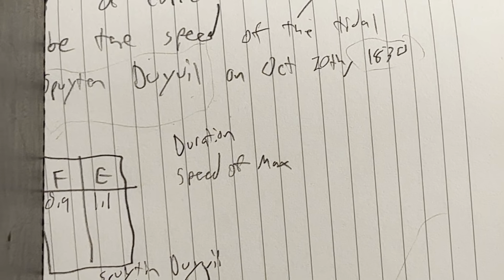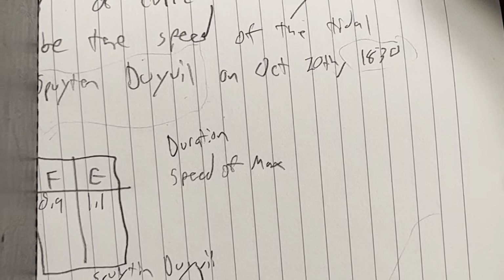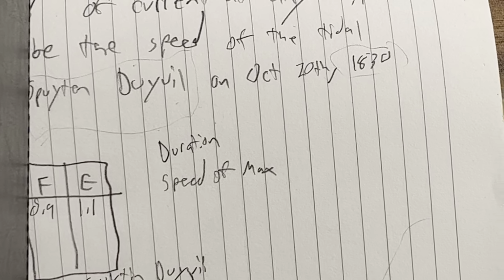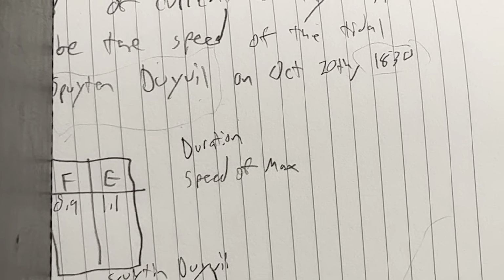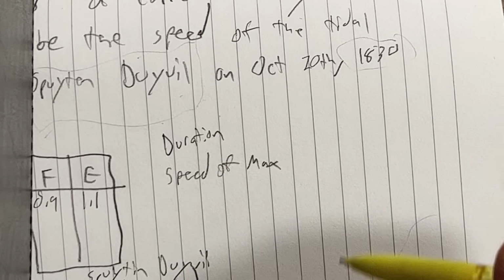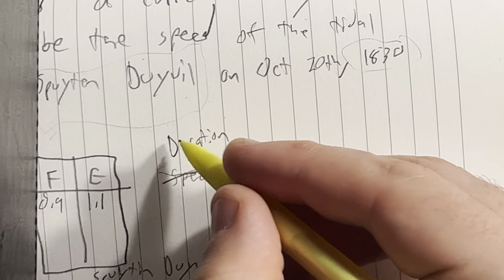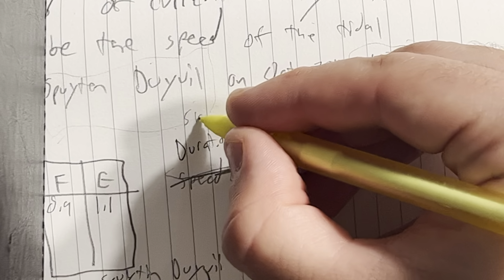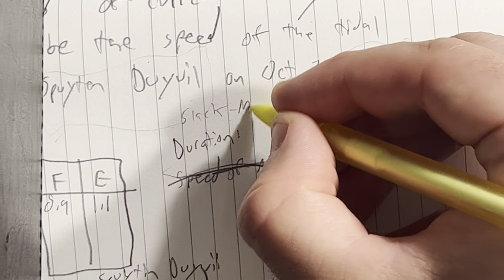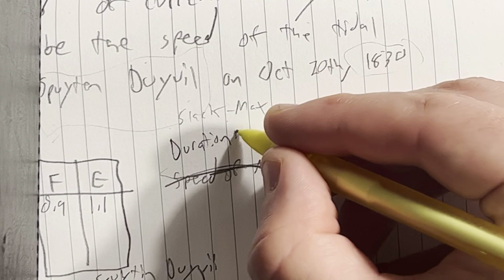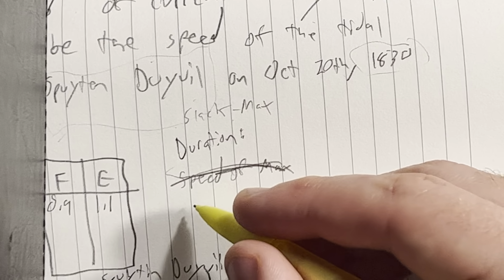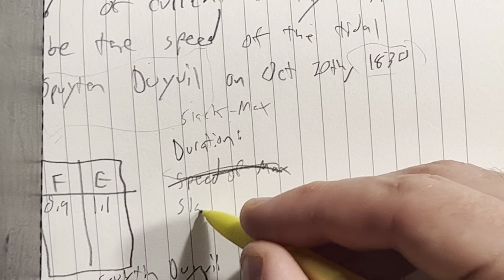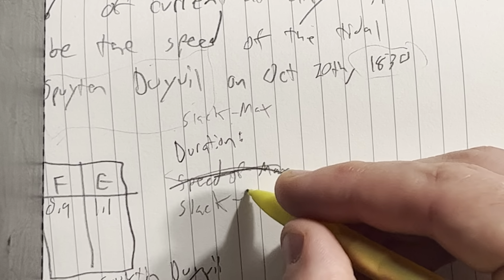So we don't actually need the speed of the maximum current. The correction factor we get off of the table will just be applied to the speed no matter what that speed is. So we just need the duration, which is the interval between slack to max, and then the time away from our desired time and the slack, so slack to desired.